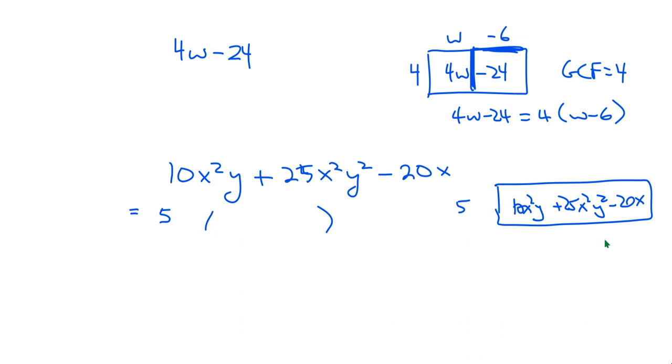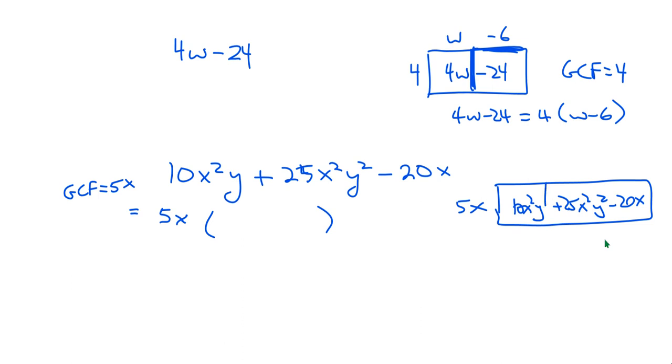The GCF is actually more than 5 because I see that there's an x in every term. So I can factor out an x, and my GCF is actually 5x, not just 5. So I'm going to put 5x over here. Now the y's are not a common factor because there is no y in that last term. So my largest common factor is going to be 5x.